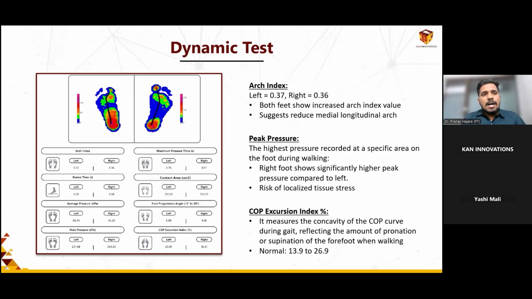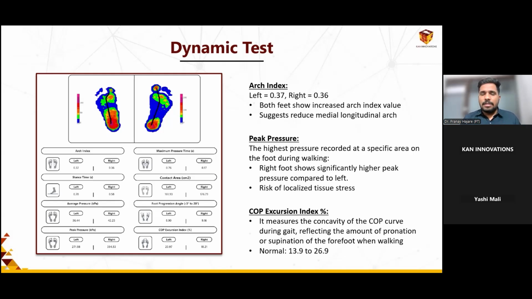So the next thing, the main finding we get from this dynamic test, is the arch index. The arch index tells you how the foot arch was whenever the person is walking, whether it was a flat foot, a high arch foot, or normal. We calculate the arch index by dividing the pressure on the midfoot zone by the total pressure on the foot, that is, how much the midfoot makes contact.